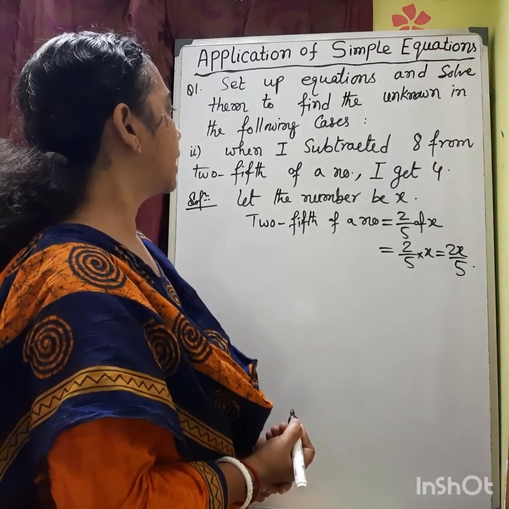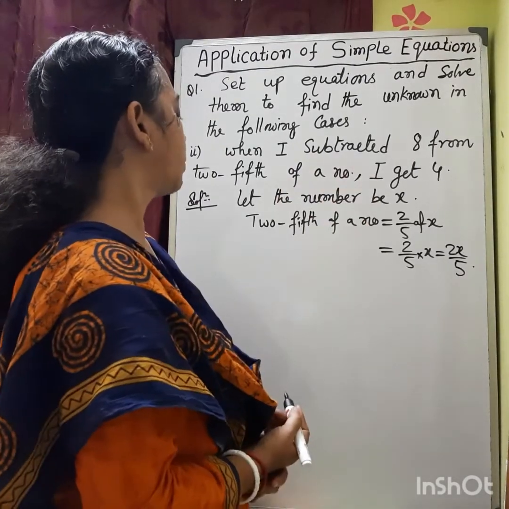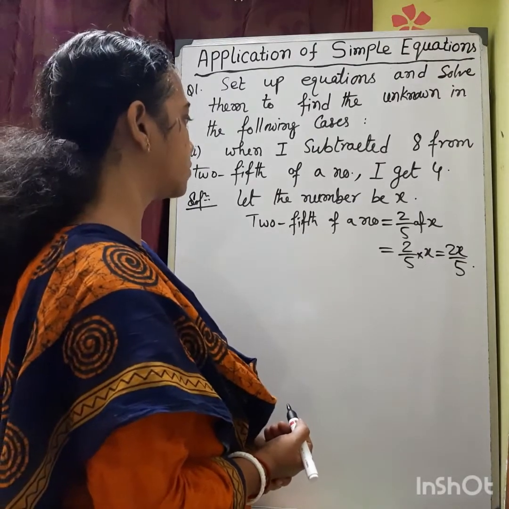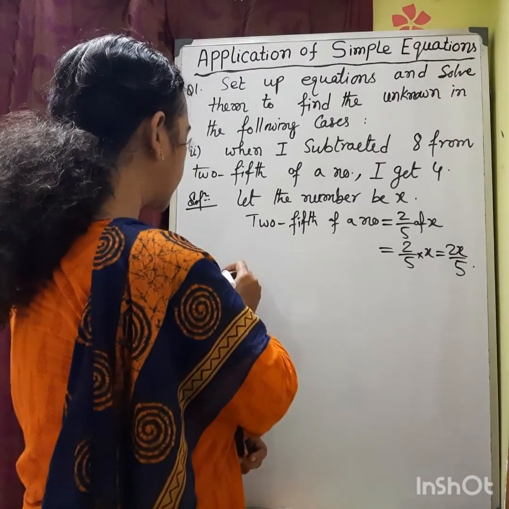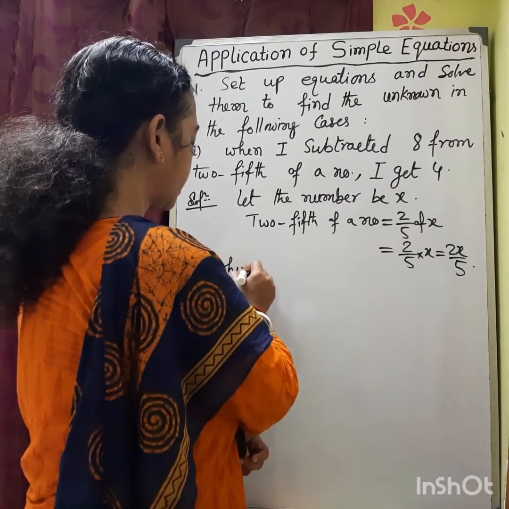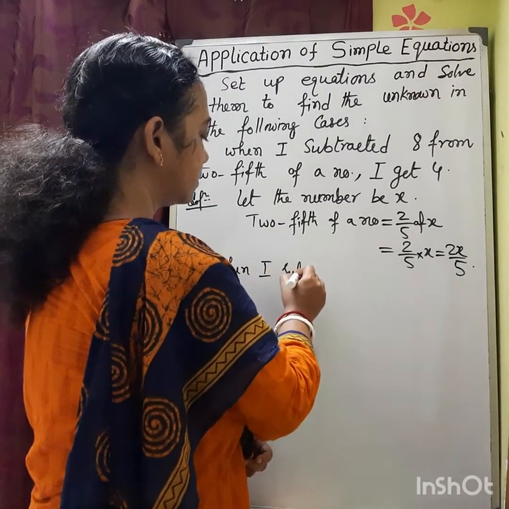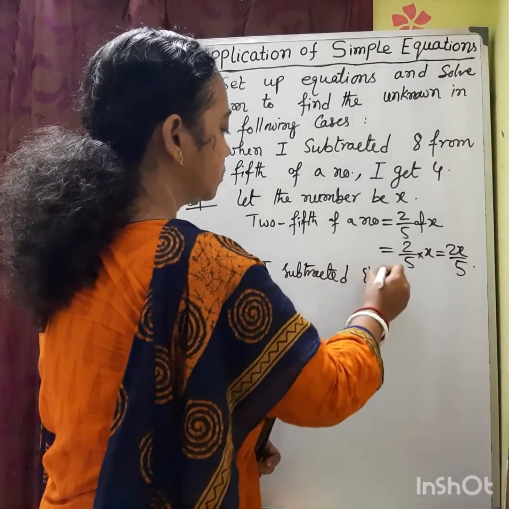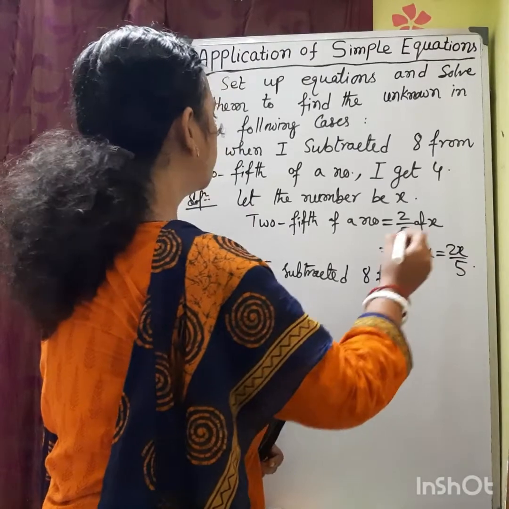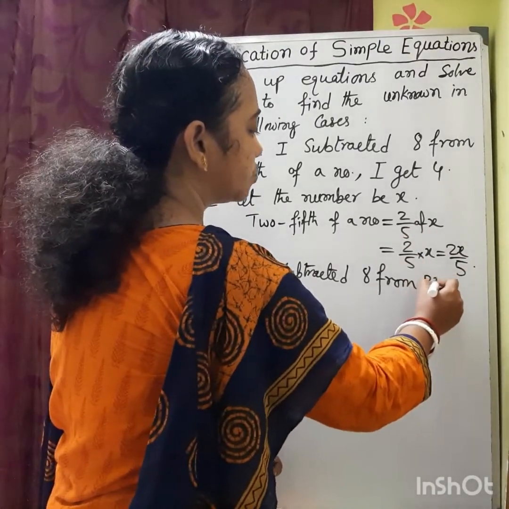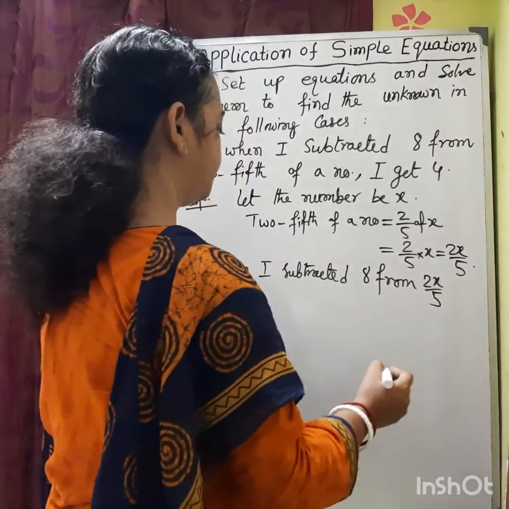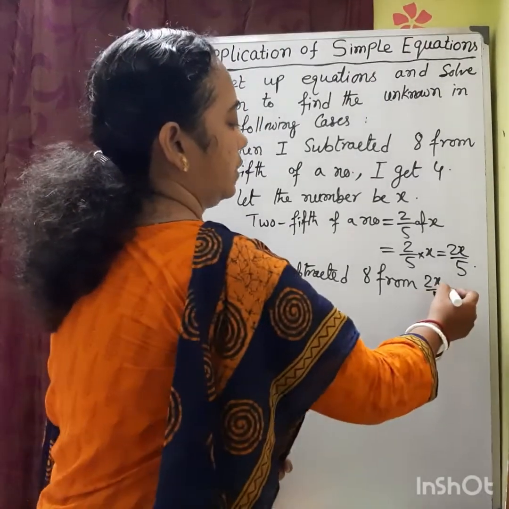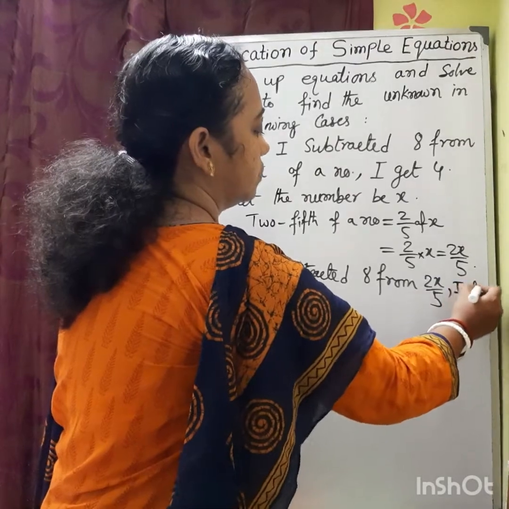Now in the first line of this question, when I subtracted 8 from 2/5 of a number, I get 4. So according to the statement, when I subtracted 8 from 2x by 5, I get 4.